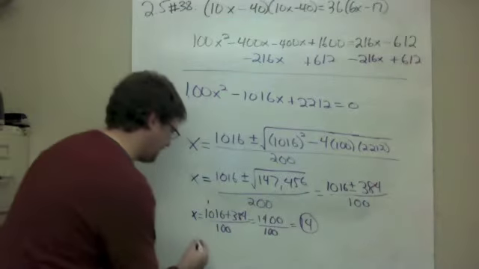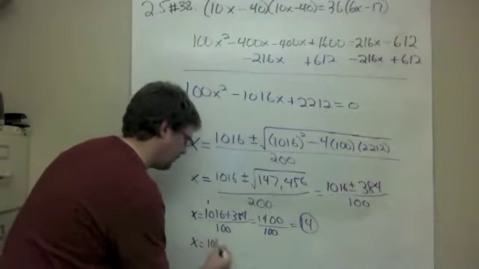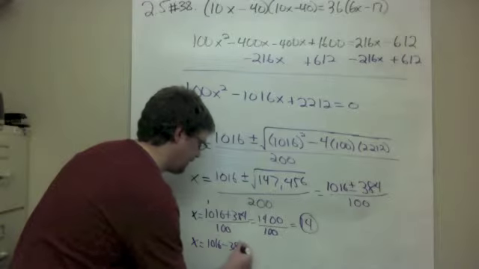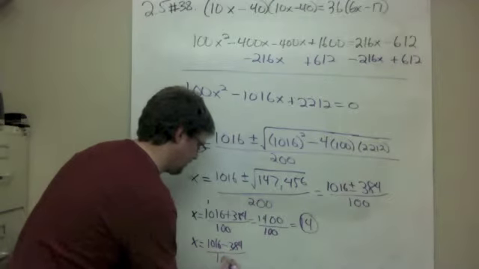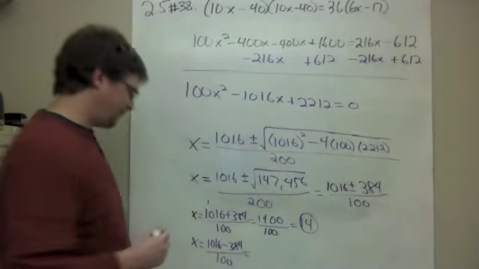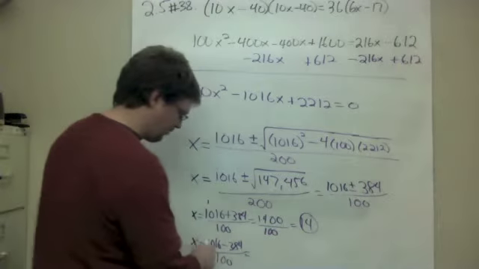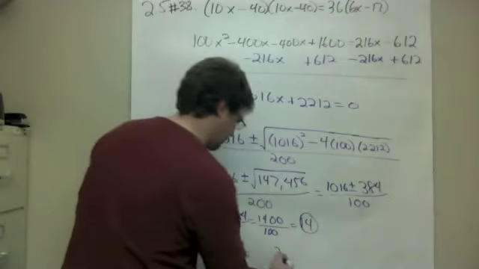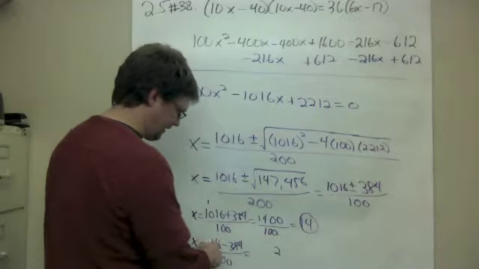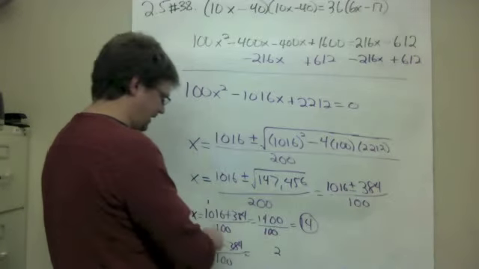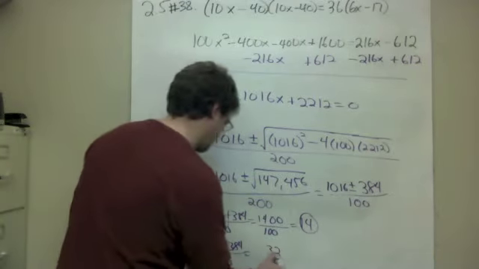On the negative side, 1016 minus 384. I don't believe this is going to be an integer. Okay. 1016 minus 384. 6 minus 4 is 2. Yeah, it's not an integer. 1 minus 8. 11 minus 8 is 3.